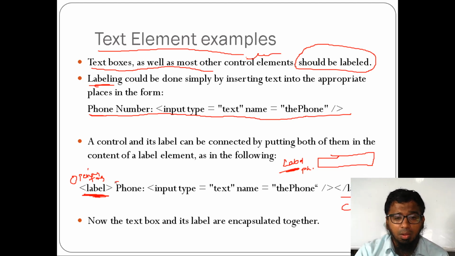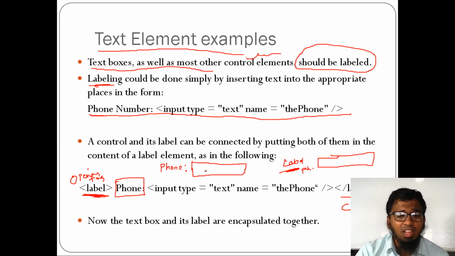Here I am writing what I want to display on the web page, like phone colon, input type text, name equals phone. Means if the text is here, the text box will appear here, the input field. So I can easily identify while reading the label that I want to write my mobile number here. Clear? So the label is very important when you are giving any text field.